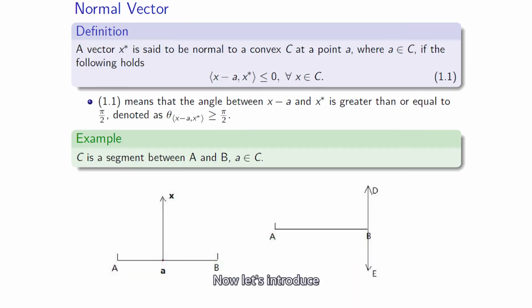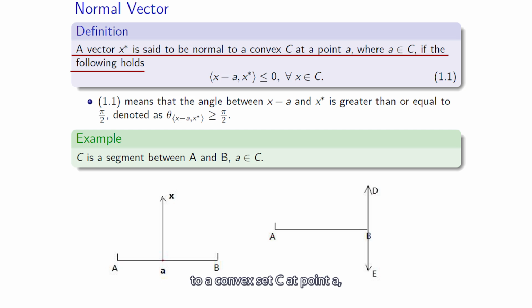Now, let's introduce the normal cone. A normal cone actually consists of normal vectors. So we first introduce what a normal vector is. A vector is called a normal vector to a convex set C at point A if the following condition holds.